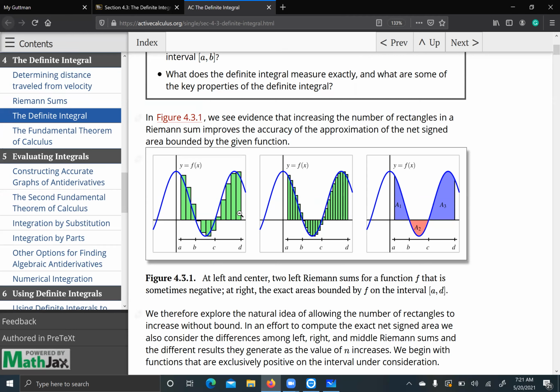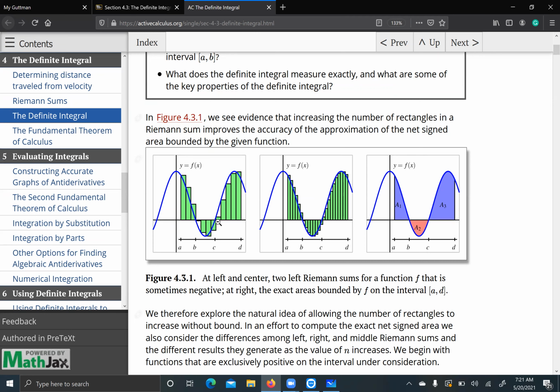We put some rectangles because we know how to calculate the area of a rectangle. So instead of calculating the exact value of the area, we use these rectangles in order to estimate the area.